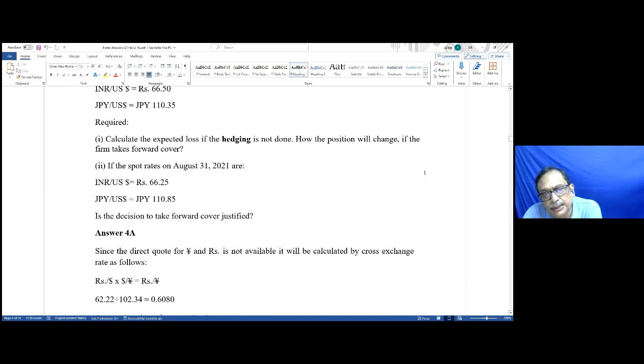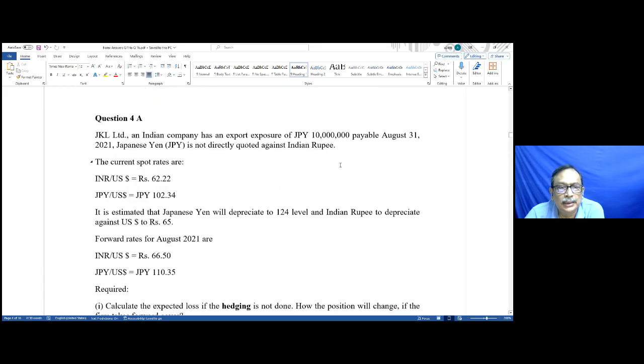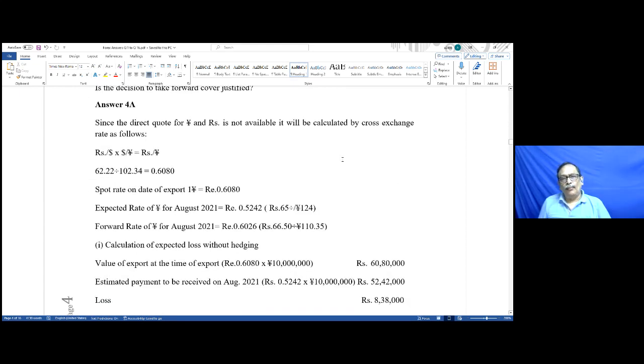And in the second part of the question, it is given if the spot rates on August 31st, 2021 are INR per US dollar, rupees 66.25, JPY per US dollar, it comes to JPY 110.85. Now we are required to substantiate the justification for the forward cover. Okay, now let us start with the solution.